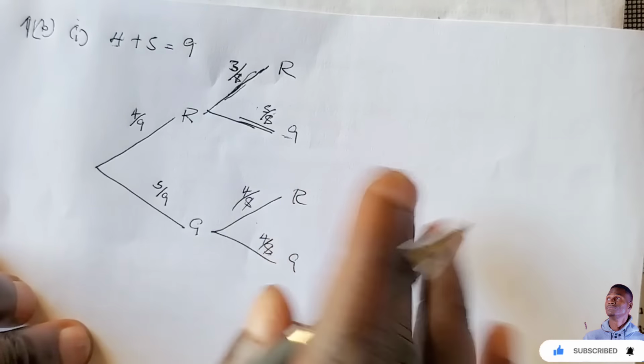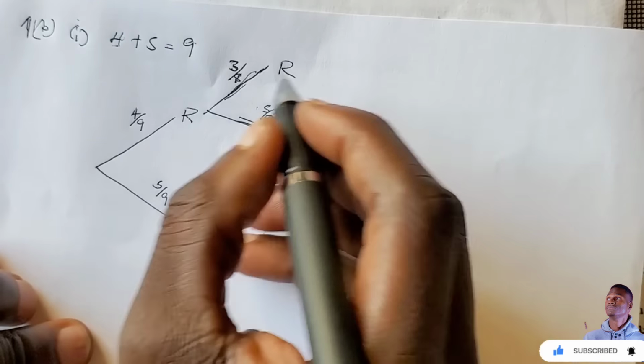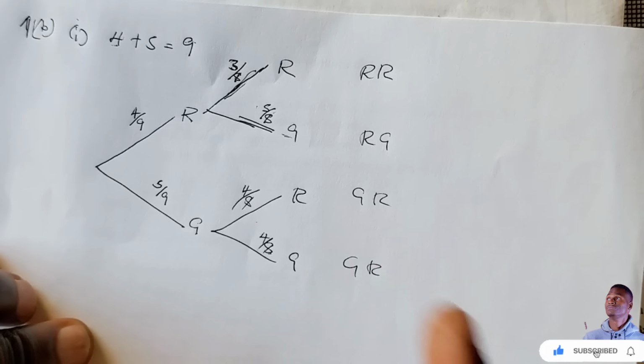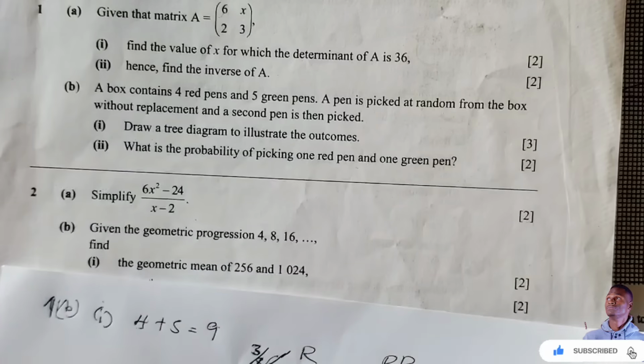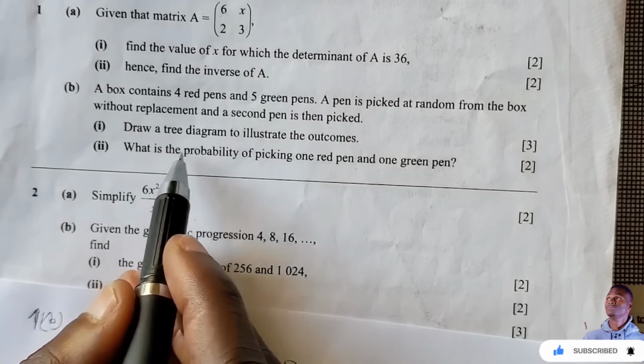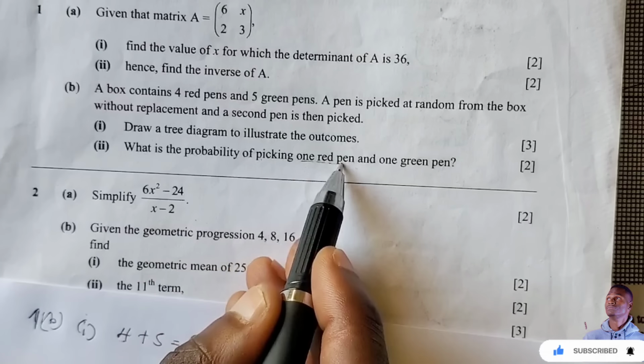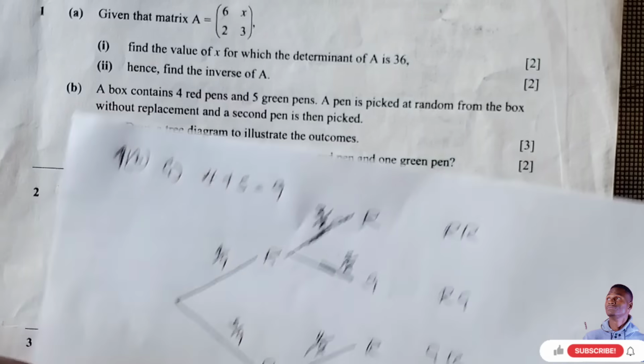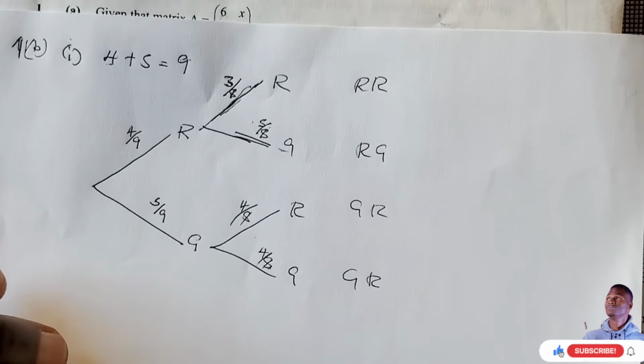So outcomes here you have red green, green red, green. Why am I writing this? To help us answer the second question, which is saying, what is the probability of picking 1 red and 1 green?